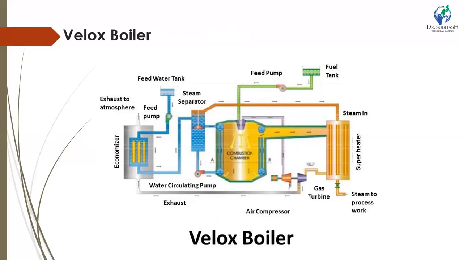The diagram shows the arrangement of the Velox boiler. This boiler makes use of pressurized combustion. Air is compressed up to 2.5 bar by an axial flow compressor.